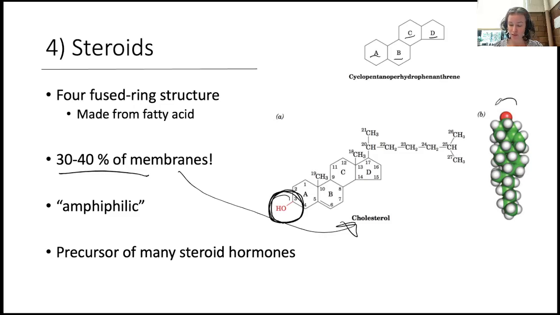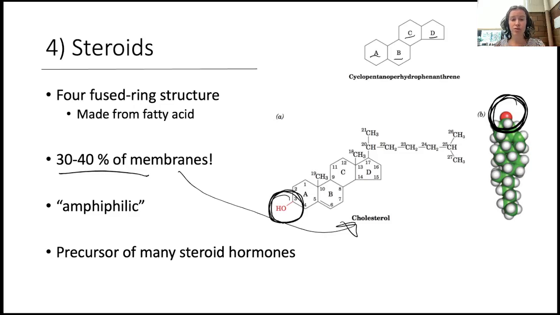In the space-filling version here on the right, that hydroxyl is right at the top in red. Now, this hydroxyl is sufficiently polar for us to consider steroids amphiphilic. An ester group, not sufficiently polar, but this hydroxyl group is sufficiently polar.